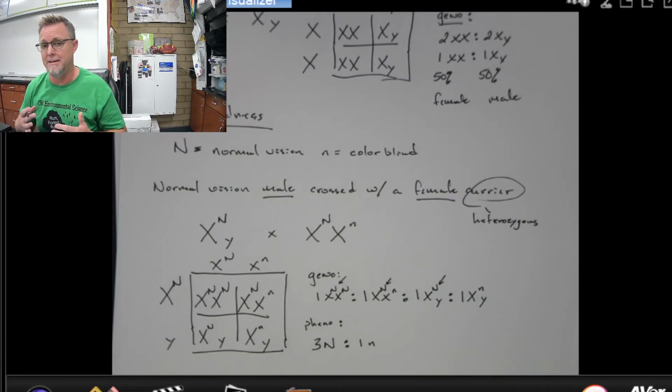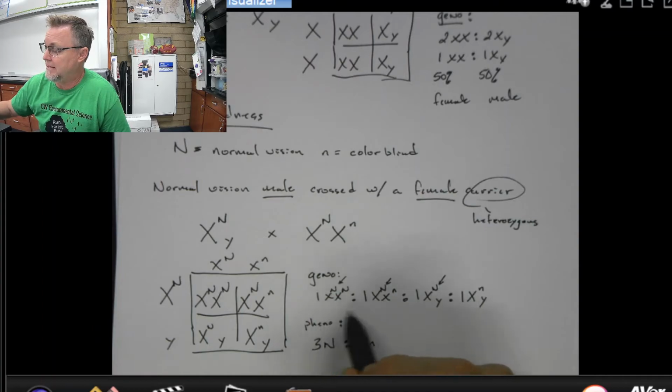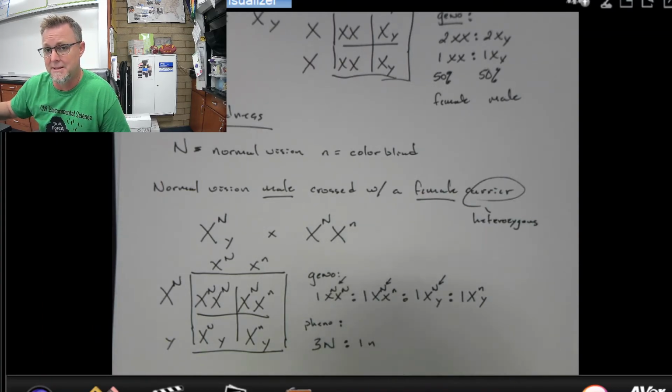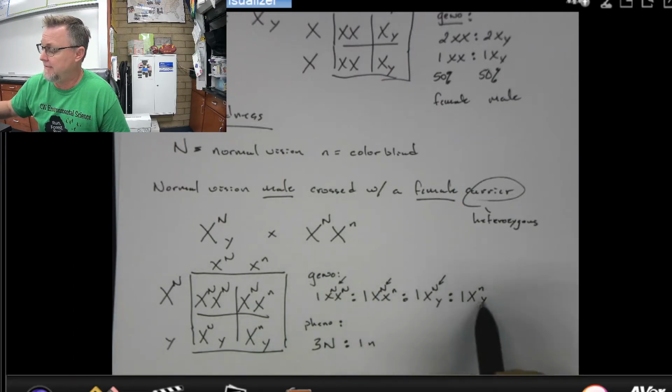So you've got a 75% chance of having a child with normal vision, a 25% chance of having a child that is colorblind. If we break it down by gender, then you have a 0% chance of having a girl that is colorblind in this scenario, and a 50% chance of having a boy that is colorblind in this scenario.